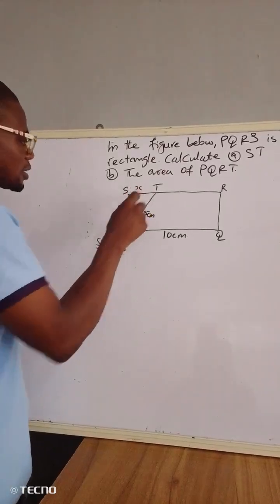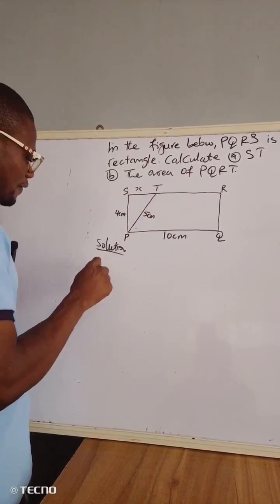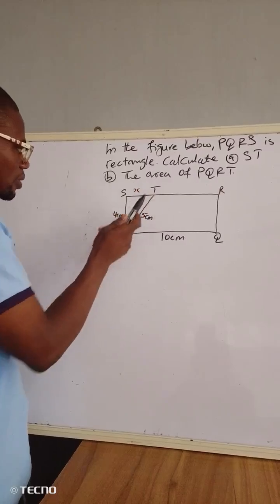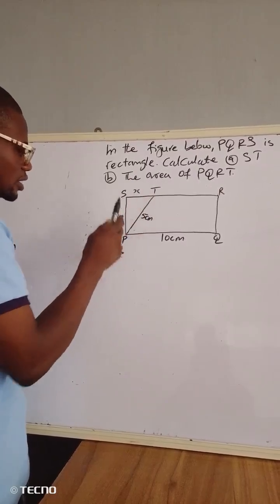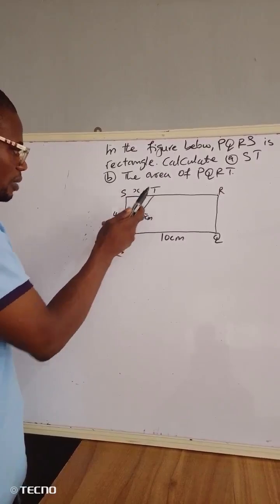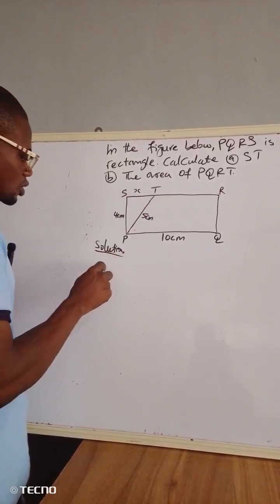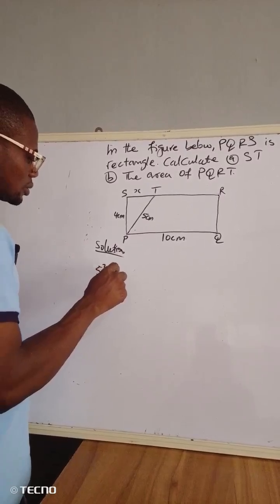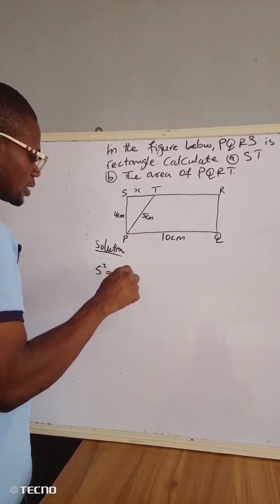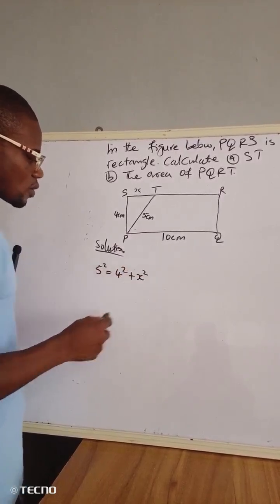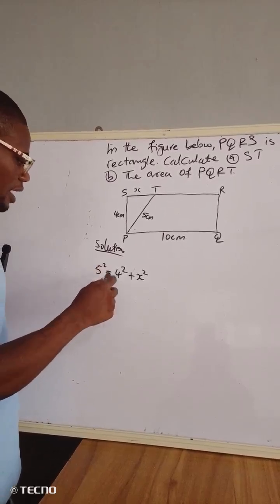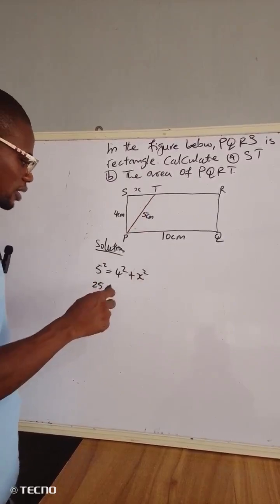Let's name this place S. I will say 5, because this is my hypotenuse in the triangle PTX. The square of the hypotenuse equals the sum of the squares of the other two sides. So here I have 25. I want to show you how we can get this one to be 3.